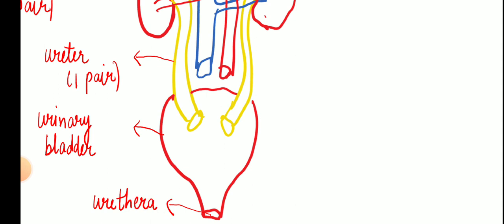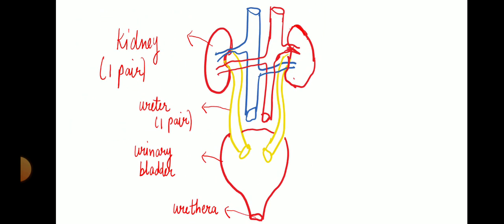This is the passage for outward flow of urine, for removal of urine from the body. So this is the schematic outline of the excretory system.